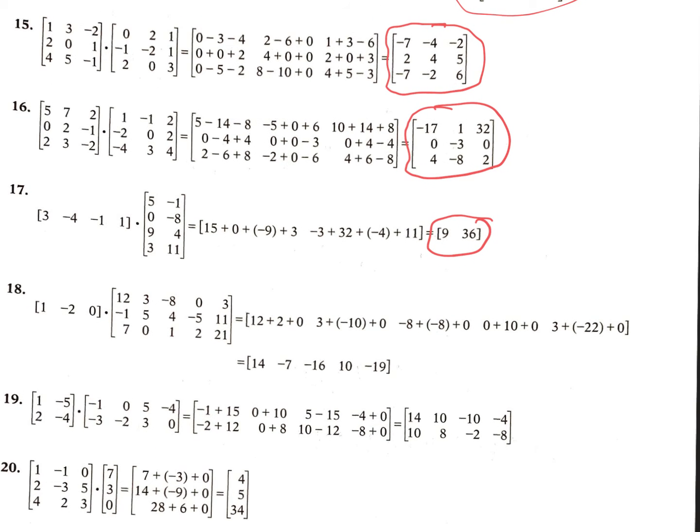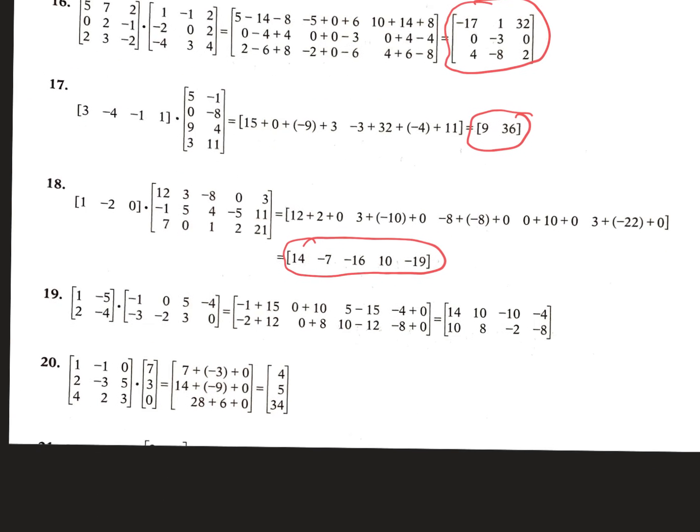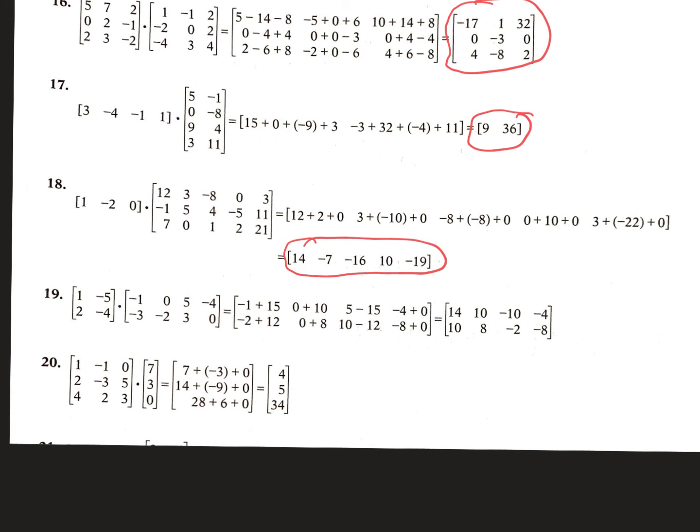For 18, you get 14, -7, -16, 10, and -19. For 19, you get 14, 10, -10, -4, 10, 8, -2, and 8. And then for 20, you get 4, 5, and 34.